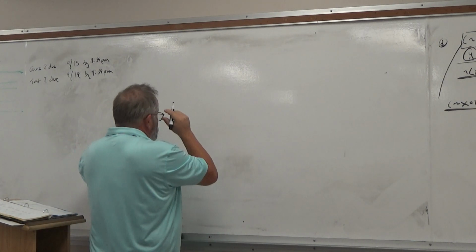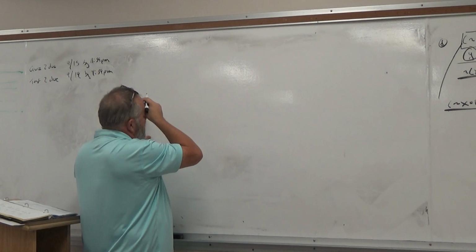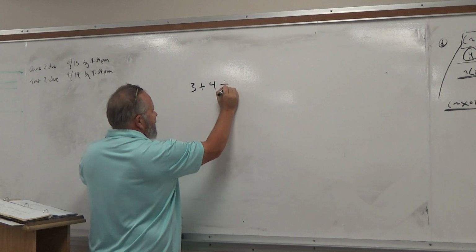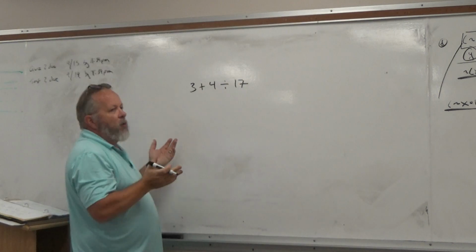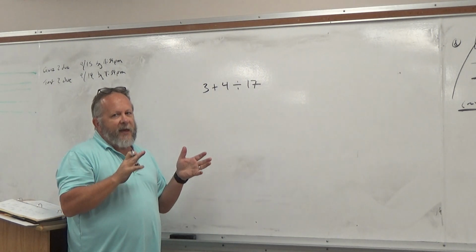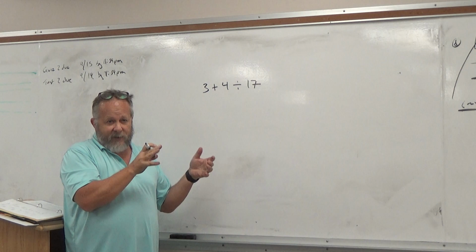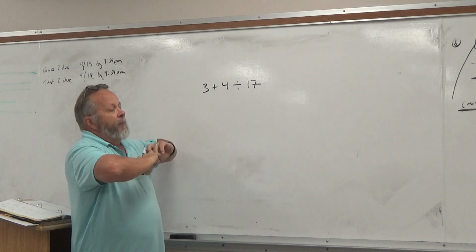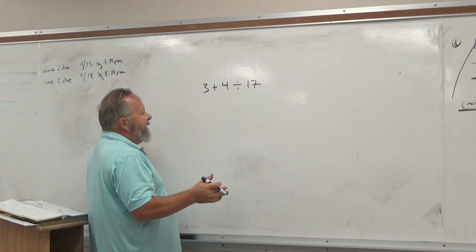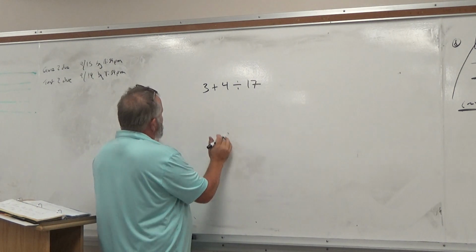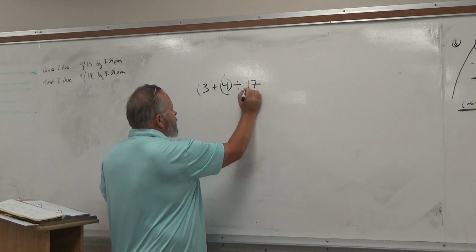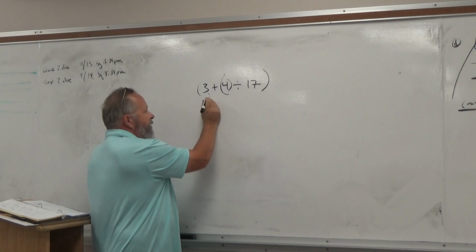If we had a mathematical sentence like 3 plus 4 divide 17, we would know the order of operations because we have an implicit order of operations in mathematics. It's what? PEMDAS, is that what it is? Okay. But suppose that we don't, because in logic we don't. If we didn't have an order of operations, we wouldn't know whether we were supposed to do this, 3 plus 4 divided by 17, or if we were supposed to do 4 divided by 17 plus 3.